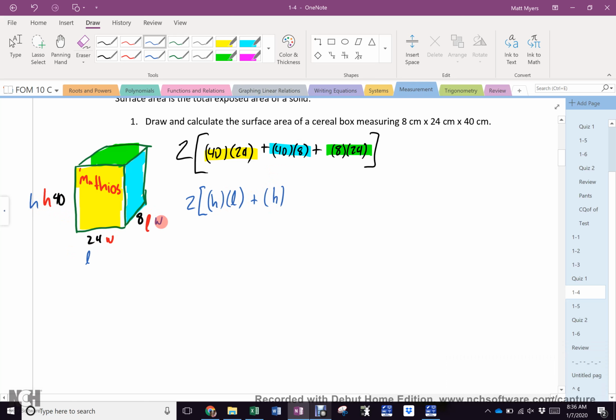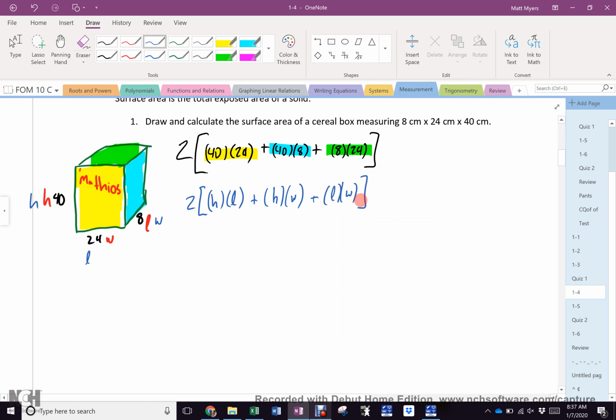Well, we're doing the blue ones right now. So it would be W, because that's what Ryland said, right? But could it be L? Because there's my 8 and 24 anyway, right? And then what's this one going to be? 8 and 24, which are L and W.